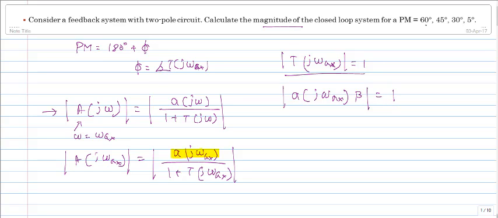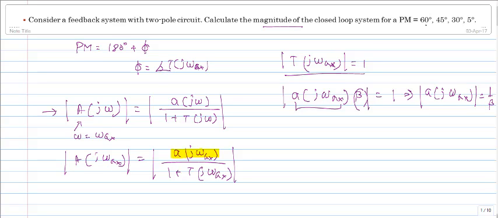So the entire magnitude is equal to 1. Now what we want is the open loop gain term, so how do we get that? You just transfer this beta to the right side, and once you do that, one ends up with the open loop gain magnitude at omega equals omega gx as 1 upon beta. So we have the top term.